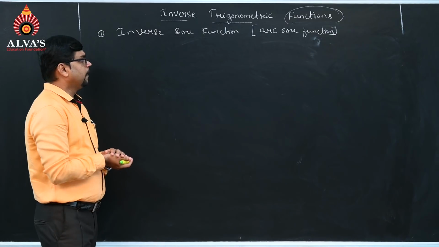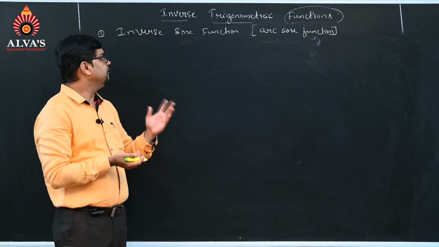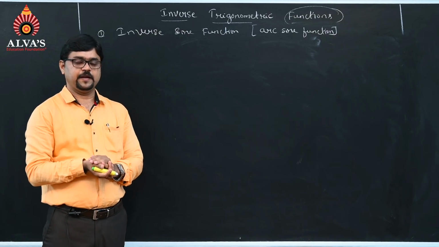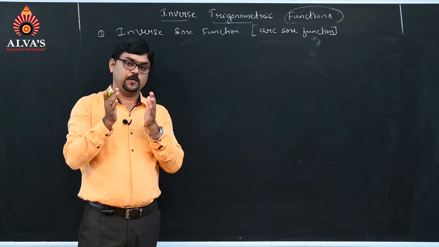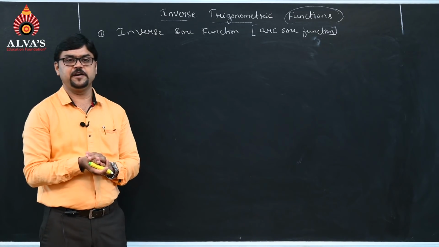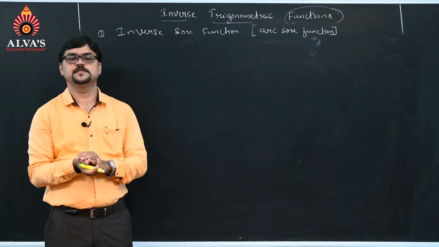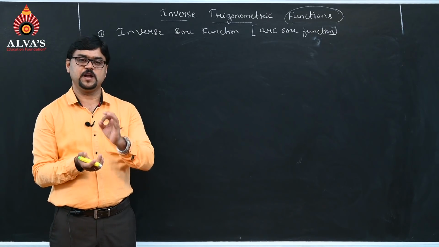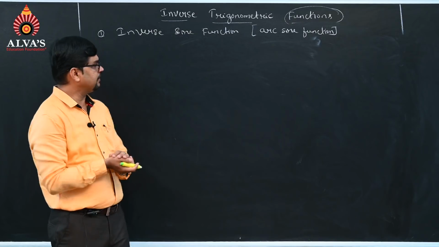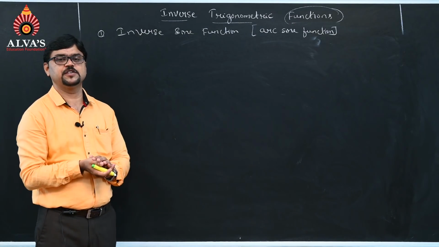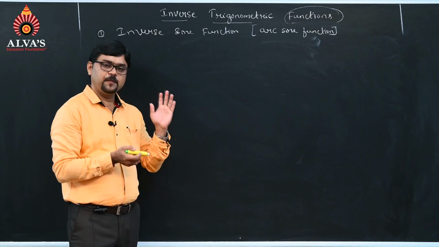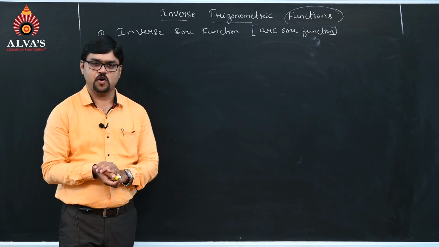So how to check the inverse of a sine function? I already explained that a function should be invertible. It must satisfy both one-one and onto. So let us check whether the sine function will satisfy one-one and onto or not.